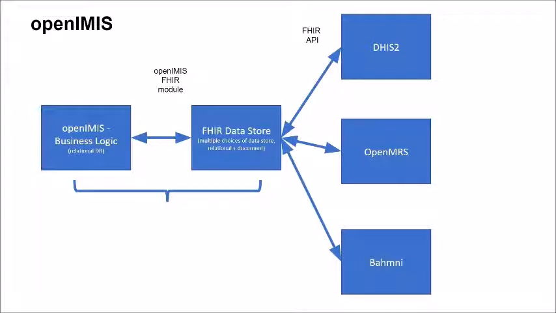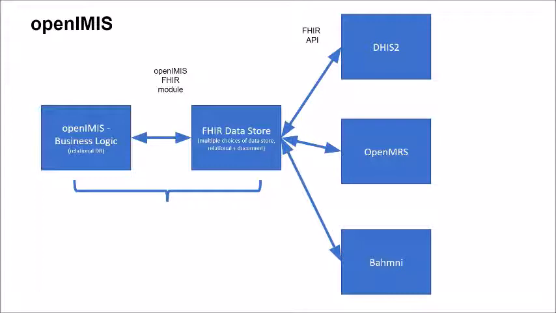So as you can see, the openIMIS business logic connects to the data store in the openIMIS FHIR module, and this FHIR module exposes a FHIR API to different systems. For example, openIMRS, Bahmni, or DHIS2. Those three systems currently have some modules which connect to openIMIS via FHIR.